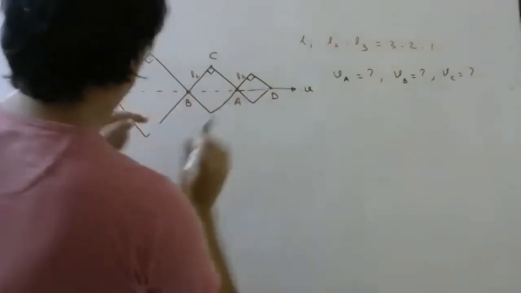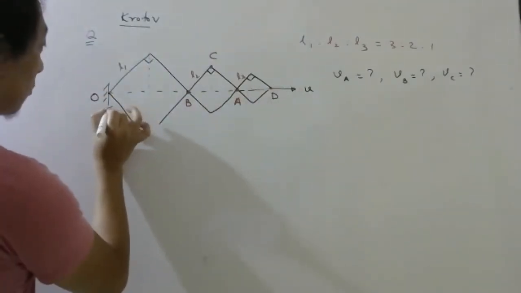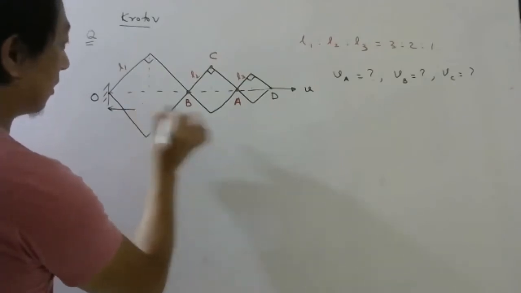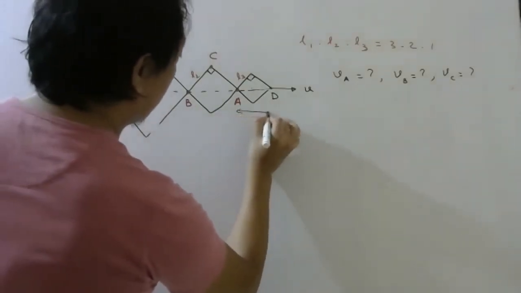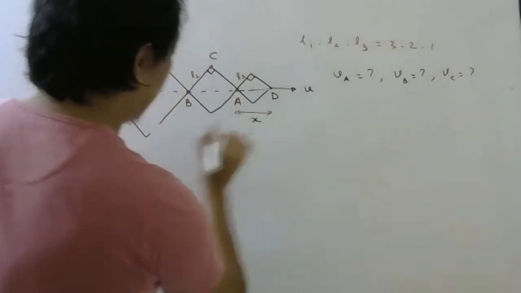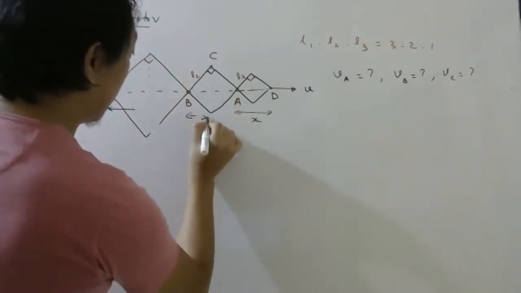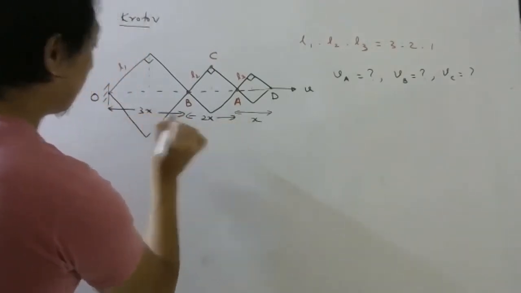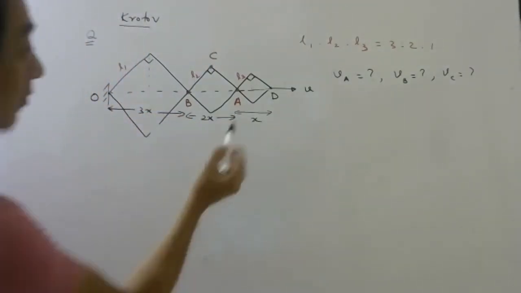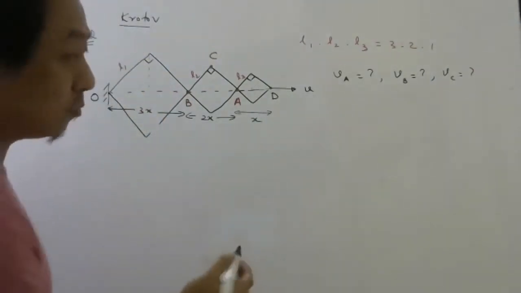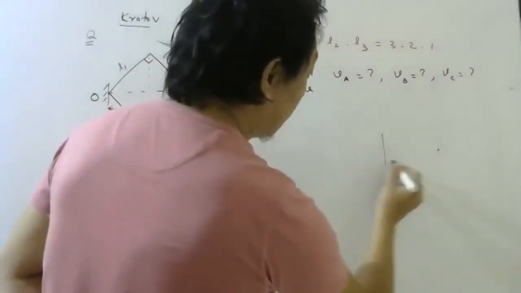So let me call this one X. No problem. So if I call this X, this will be 2X, and this will be 3X. Okay. Now they have given you the velocity of this point. Now this is the fixed point. What do you mean by velocity of any point?